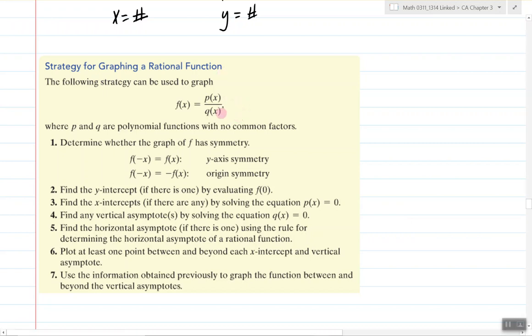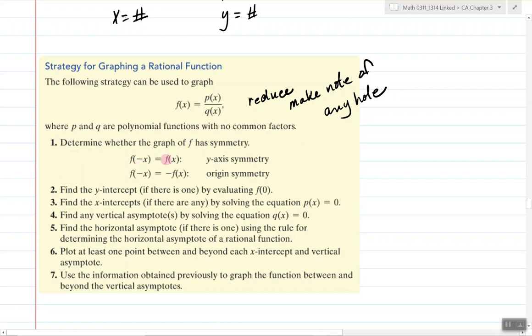Suppose we have p of x over q of x. You will want to reduce and make note of any hole. And I'm not sure we're going to have any with holes, but just in case. Number 1 is to check for symmetry. We did this back when we first started talking about functions.